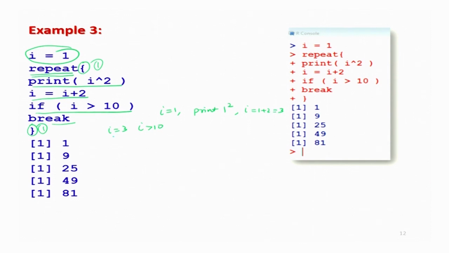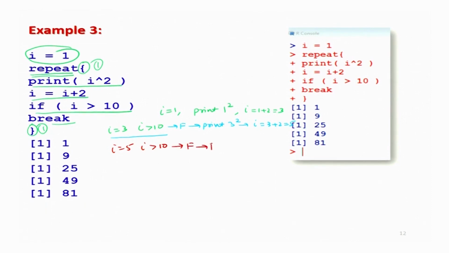The answer to this condition is false. So, it will once again execute the command, print 3 square, and then i will become 3 plus 2 equal to 5, and now the new value of i is 5. Now it will check whether 5 is greater than 10 or not.